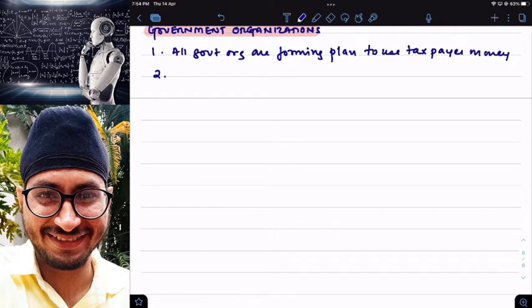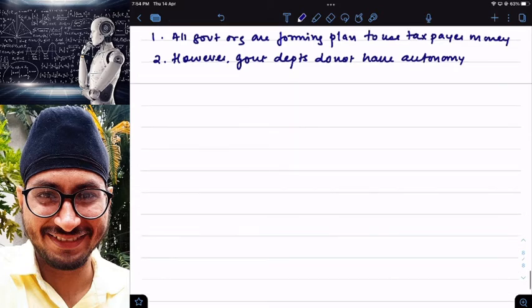Next, however, remember one thing. Government departments do not have autonomy. Means they don't have the freedom of taking their own decisions. Sir, politicians will be involved, right? Why, sir? Why don't they have autonomy?